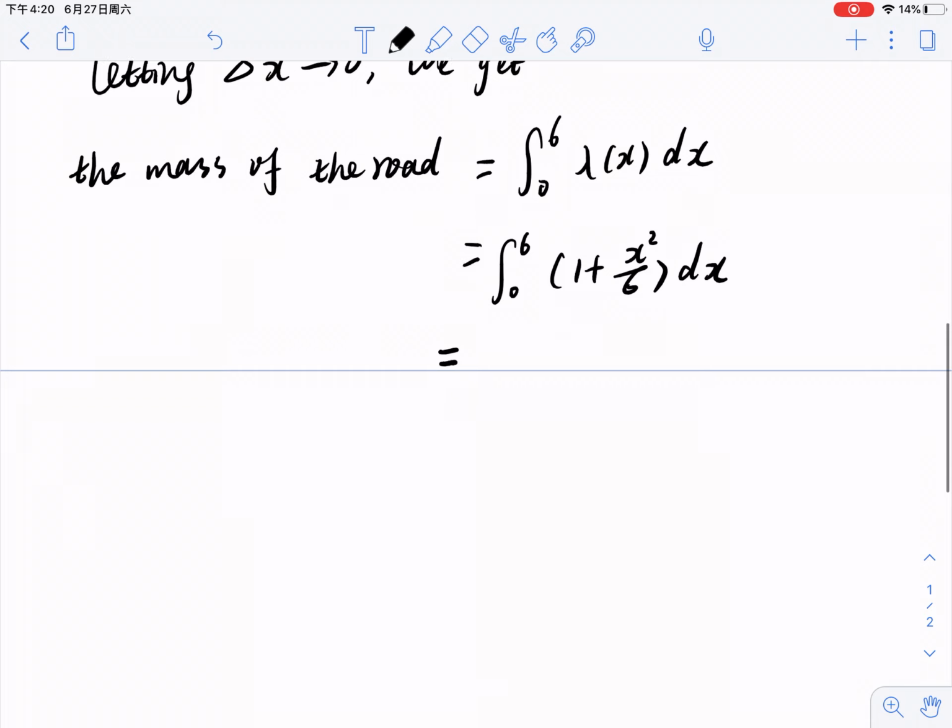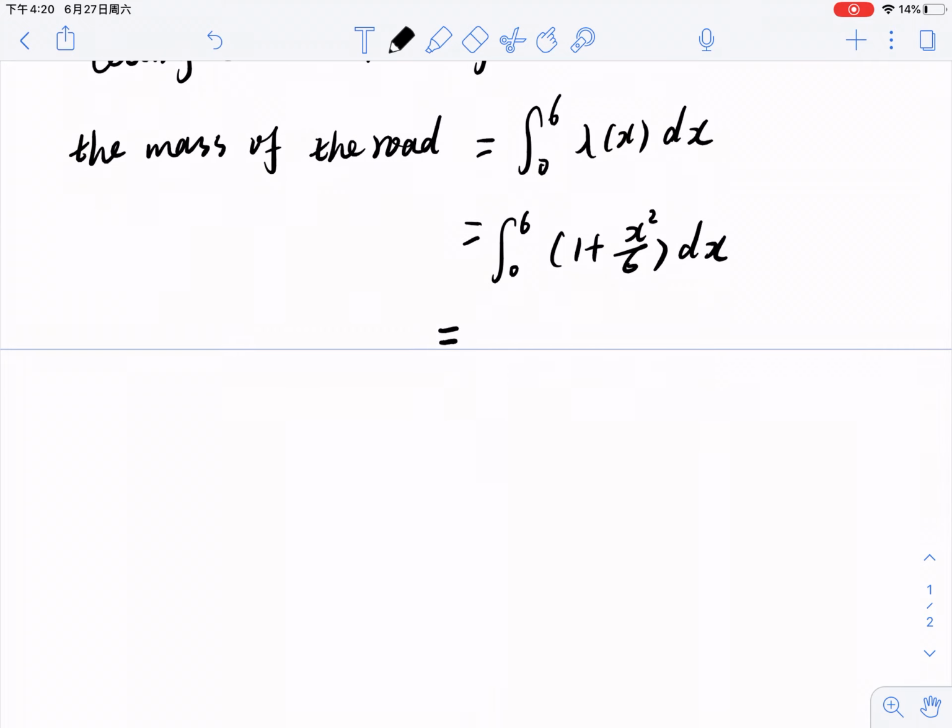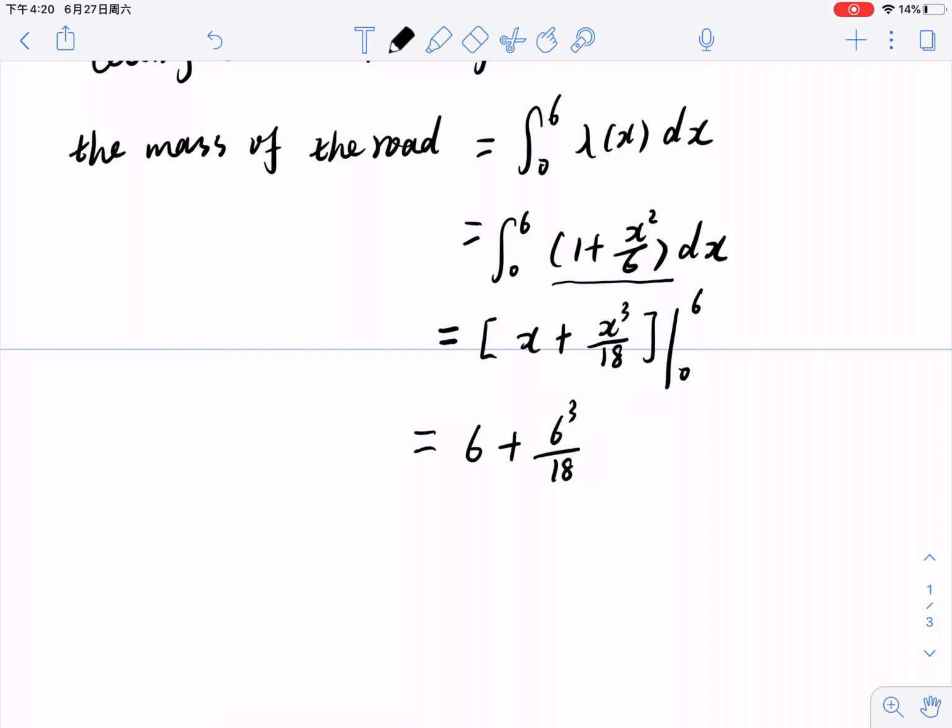So next we evaluate this definite integral. The antiderivative of this integrand is x + x cubed over 18, evaluated from 0 to 6. When x is 6, it is 6 + 6 cubed divided by 18. Then minus 0. So this is 6 + 12, which is equal to 18 lb.